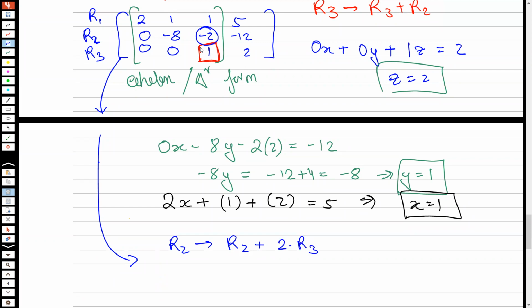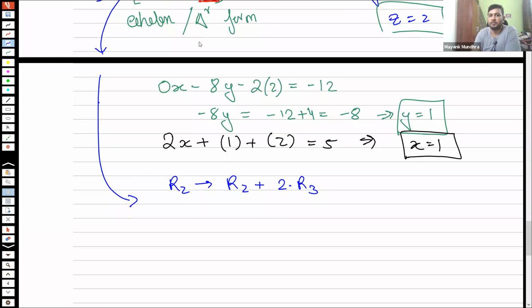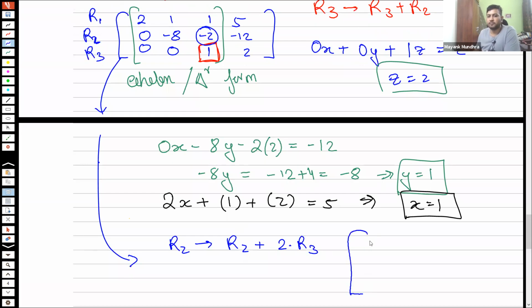So I'm going to add twice of the bottom numbers to the top numbers. The bottom row remains as it is: 0, 0, 1, 2. In this row, I add twice of the bottom numbers. I add twice of 1 here, so this becomes 0. I add twice of 0 to minus 8. I add twice of 0 to 0, it remains 0. Here, I add twice of 2 to minus 12, so that becomes minus 8.